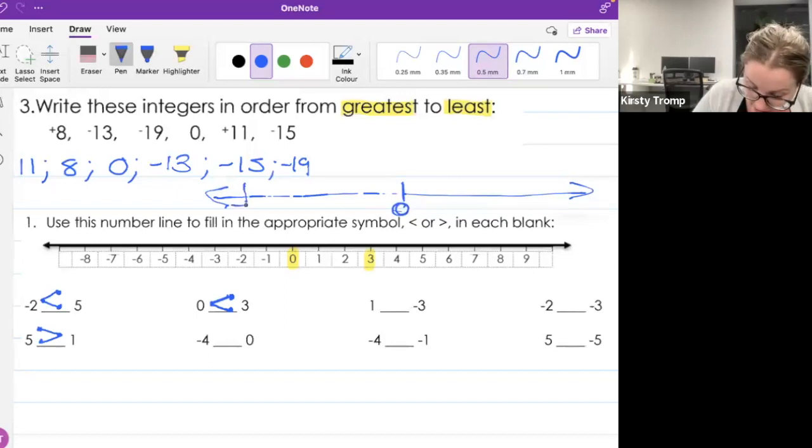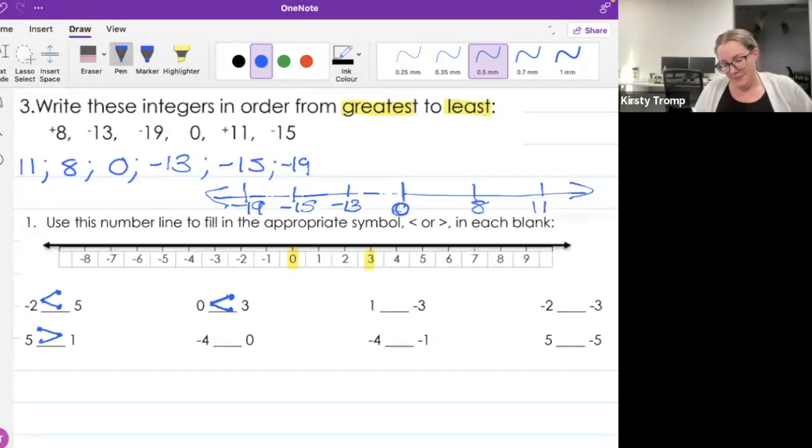Here I would have negative 19, negative 15, negative 13, negative 8, and then 0, 8, and 11. Now, Unati, it's asked me to go from the biggest number to the smallest number, greatest to the least.